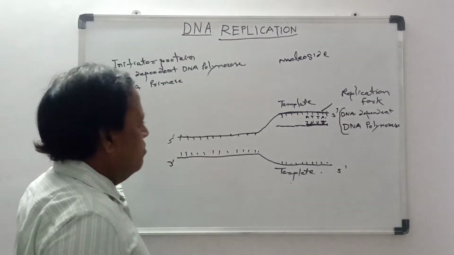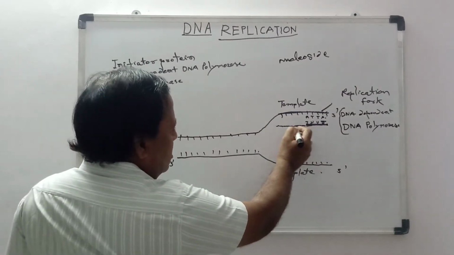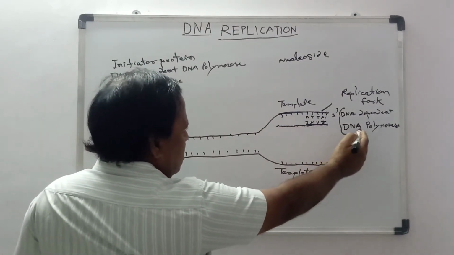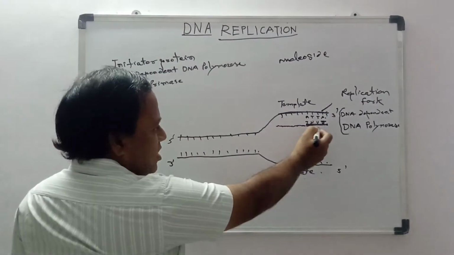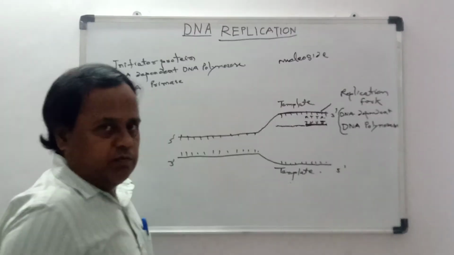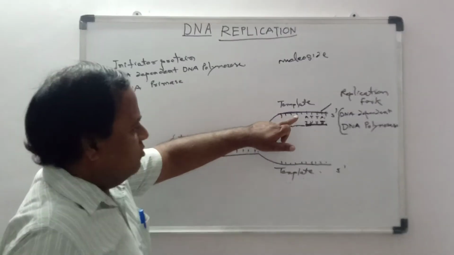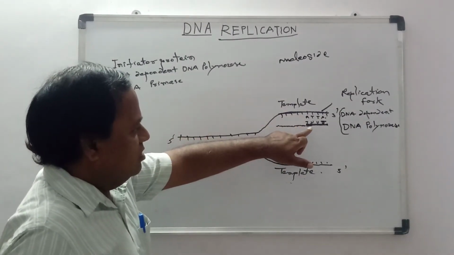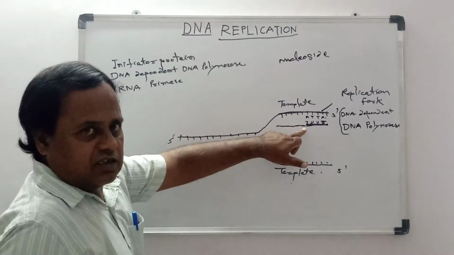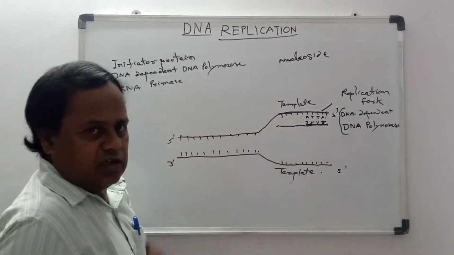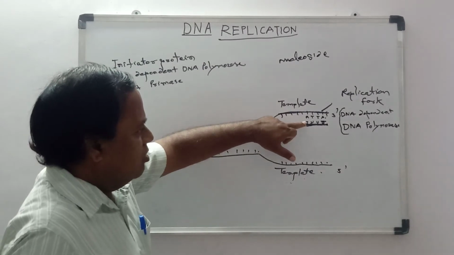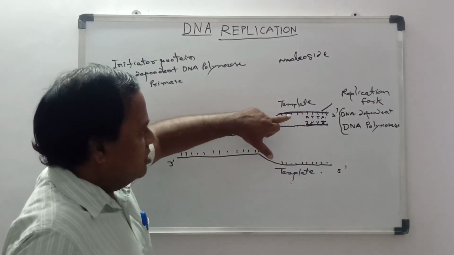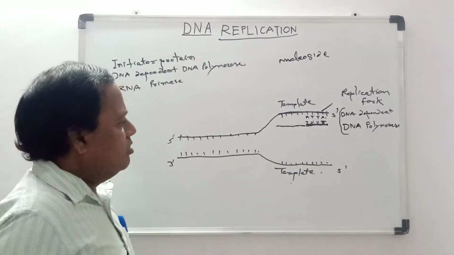And while attaching these nucleosides, this DNA dependent DNA polymerase also sees at the back side what is happening. It checks whether the nucleotide it is attaching is attached properly or not, whether adenine is bonded with thymine or not, whether cytosine is bonded with guanine or not.